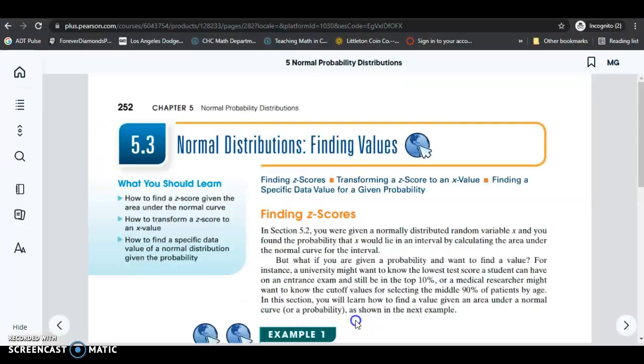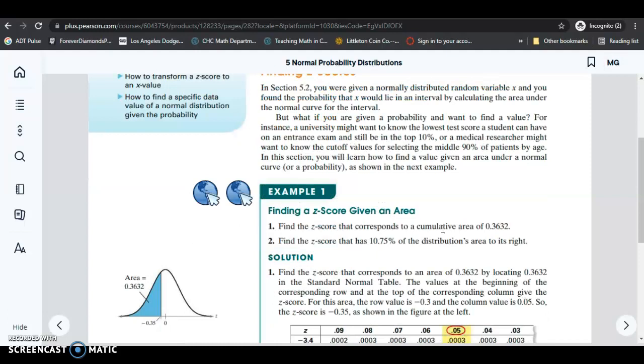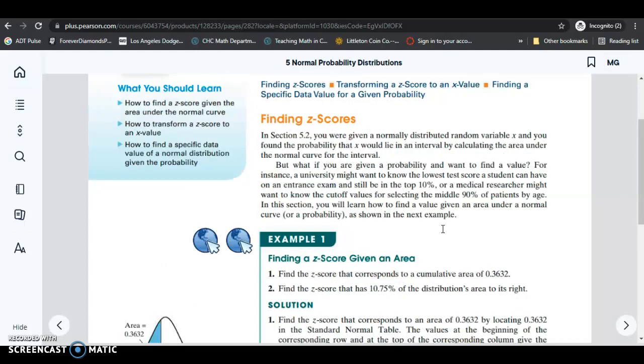Let's briefly go to the textbook here. The textbook begins section 5.3 by discussing the z-scores, and they start with an example of finding an unknown z-score from the standard normal distribution.